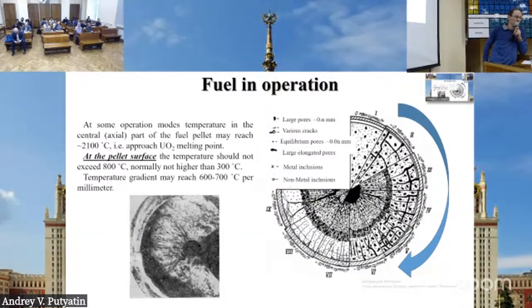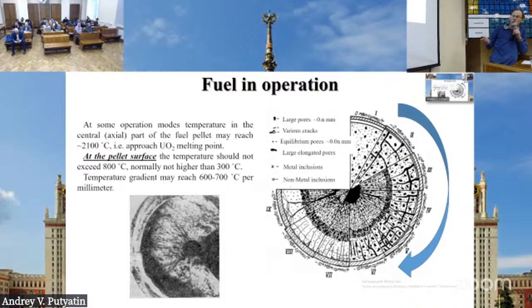So fuel in operation, after certain exposure in a working reactor core, is a remarkably complex material. One of the principal features which determines thermomechanical behavior of the fuel and of course many chemical transformations which we will discuss today, is the huge thermal gradients which prevail in the fuel pellet during the operation.